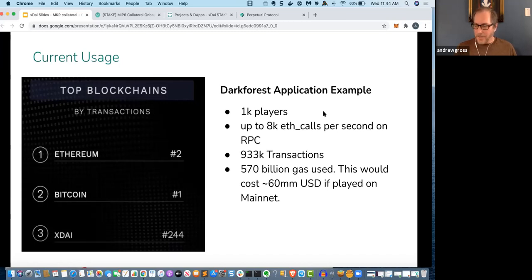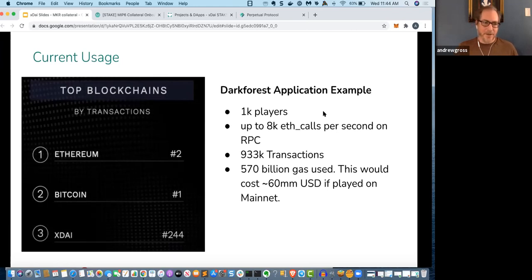And this is the type of application that's really thriving on xDAI right now, because this is an impossible application on Ethereum, right? $60 million it would have cost. And so projects can come to xDAI, and there were tons of people at this point using DAI, using the xDAI, and so it really brought a lot of accolades to the chain.